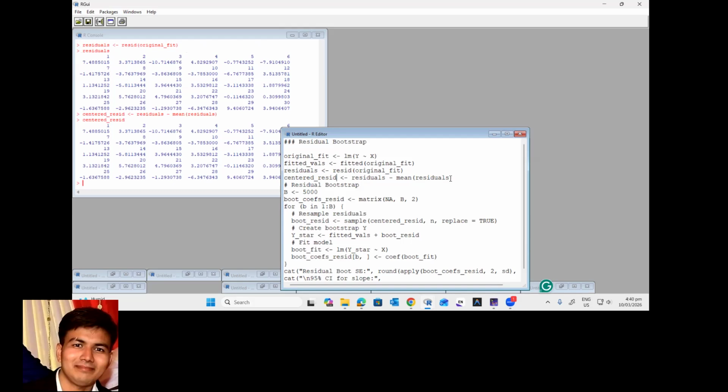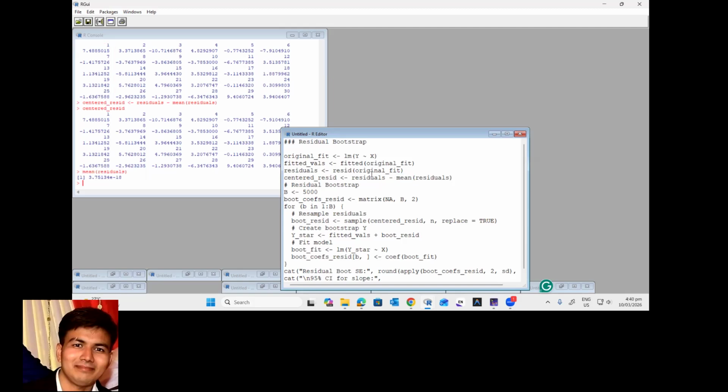If you just check the mean of the residual here, it is 3.75 e to the power minus 18. This is not exactly 0, but it is near 0. As I told you in the beginning, it may not be 0 because of the generated data or real life data. That's why we need to center our residuals.